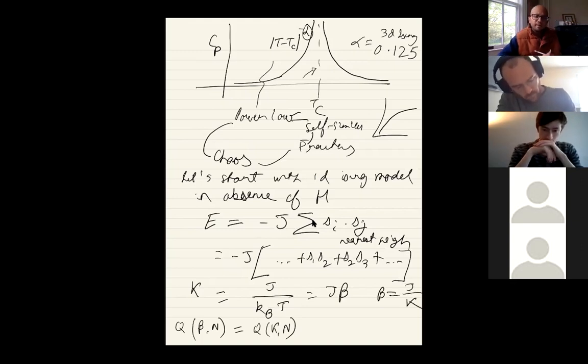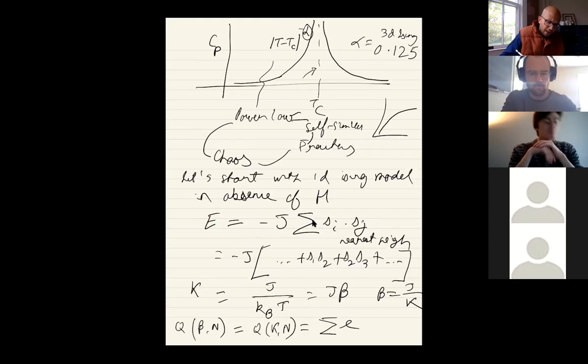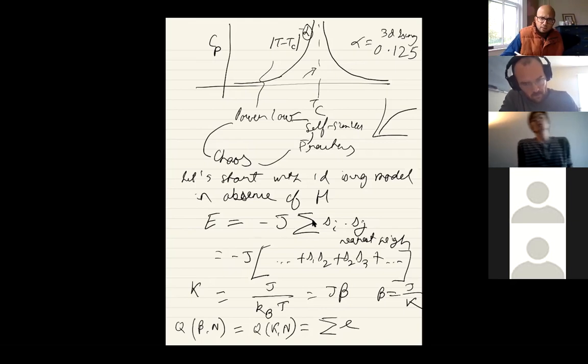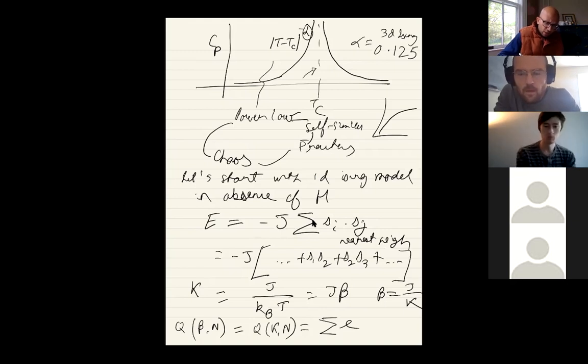So instead of thinking in terms of temperature, like in a canonical ensemble, I'm going to think in terms of K. So this thing will be given by summing over all microstates, e to the power minus energy divided by KT. That's our partition function, exponential.